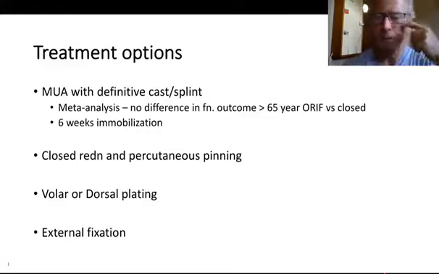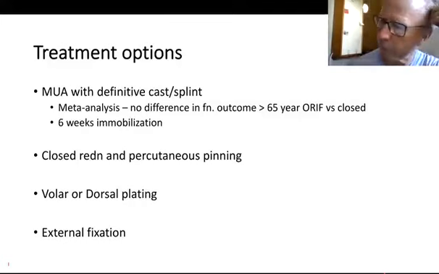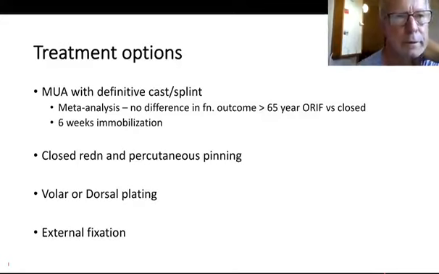Thanks, Dr. Mohammed. Sorry, can I ask if he's going to expand more on how to do the hematoma block? I think it's a little bit difficult to talk in too much detail without being able to demonstrate it. But I'm going to see if I can find a good video on it.